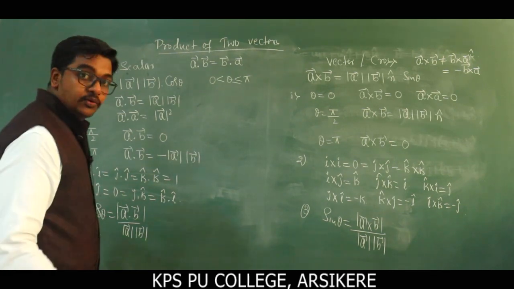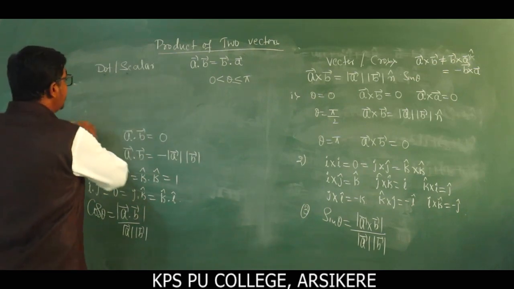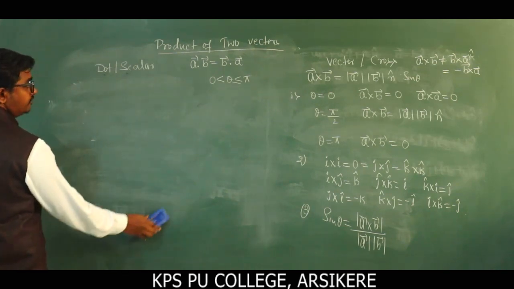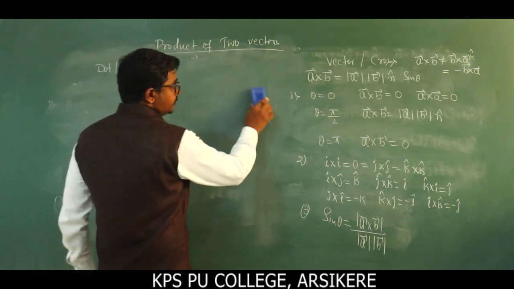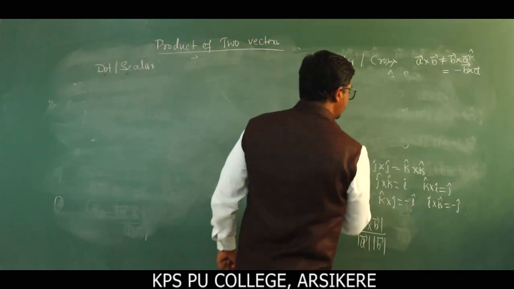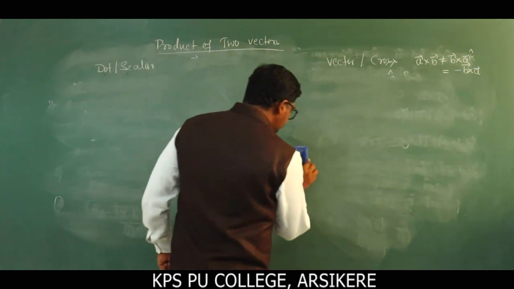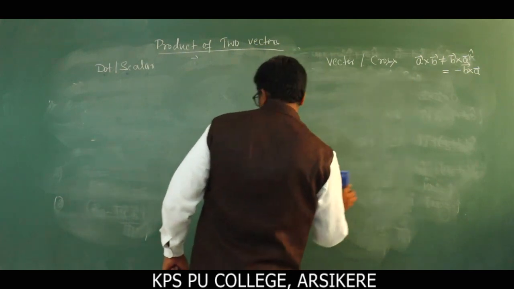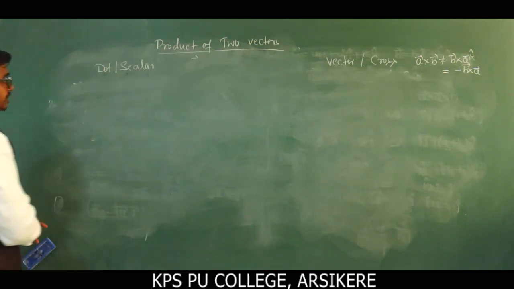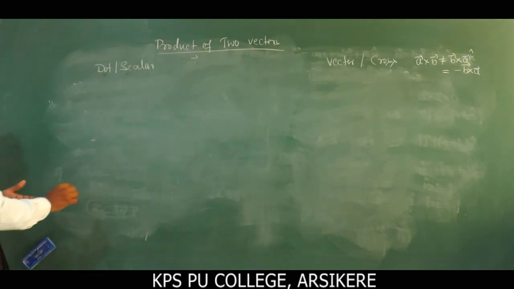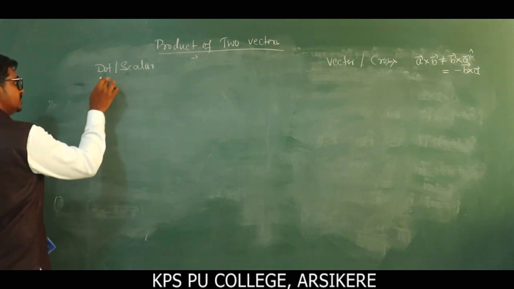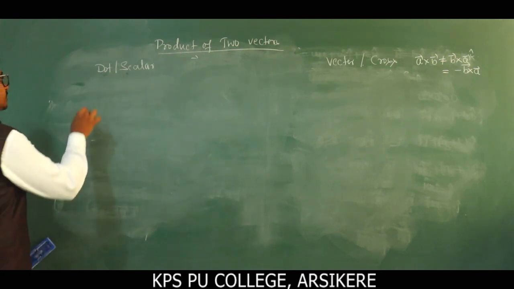Now dear students, we are moving to the application of dot product and application of cross product or vector product. So what are the applications of dot product? This is used to find the projection.